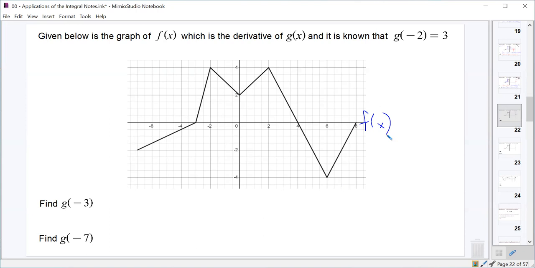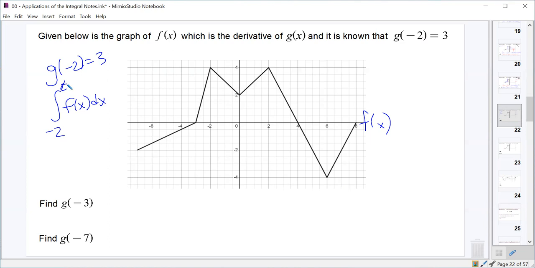We know that g of -2 is 3, which means that the integral of f of x dx from -2 to some value up here, we'll call it t, needs to be a piece of our integral.